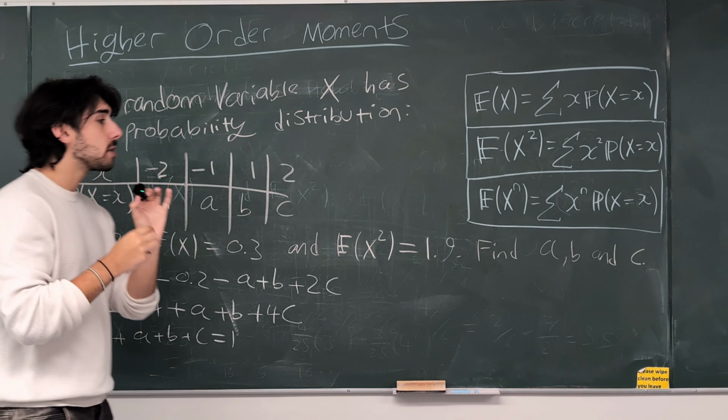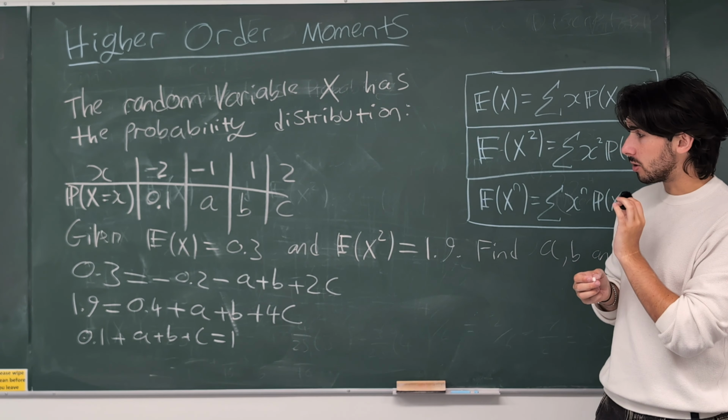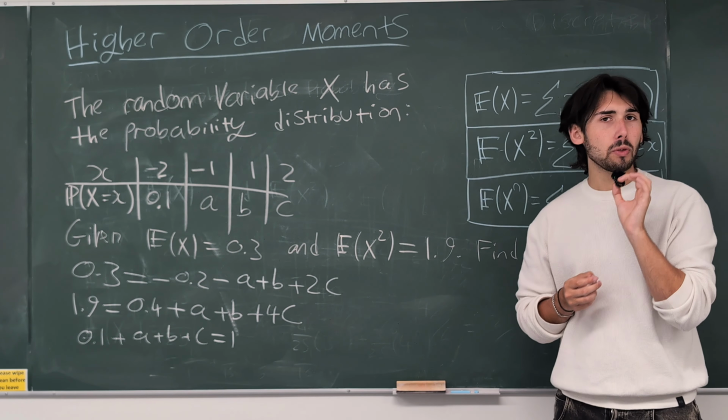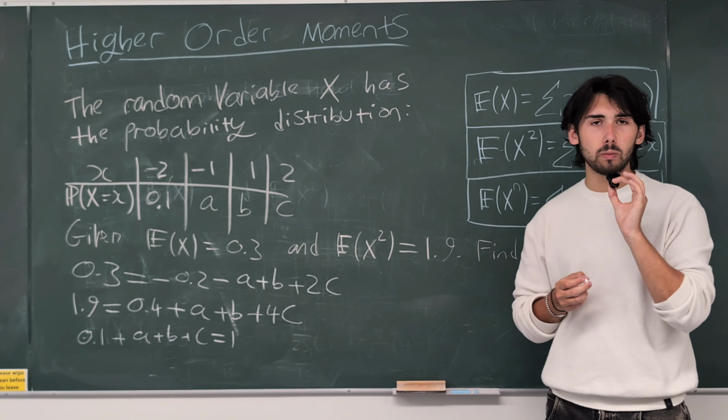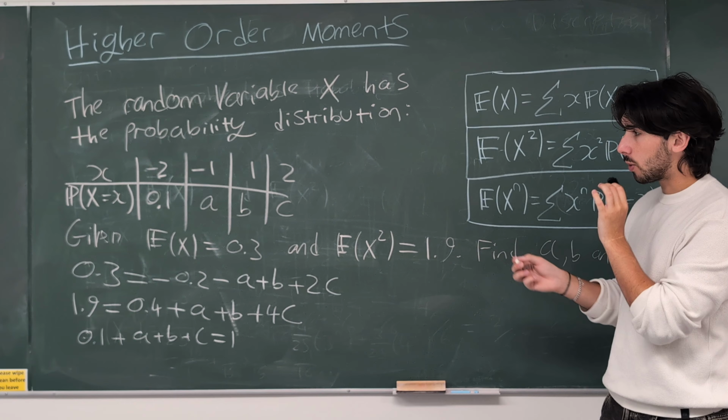Now, I'm not going to go through solving the simultaneous equations because it's a bit long and time consuming. Leave a comment if you want me to make a little unlisted video of it, but I think simultaneous equations is a different topic.